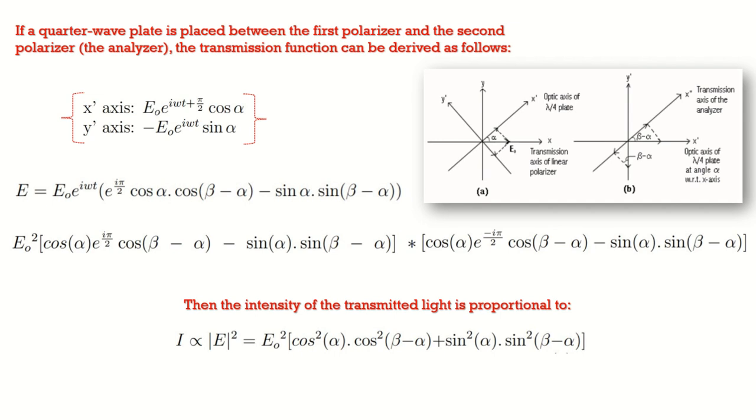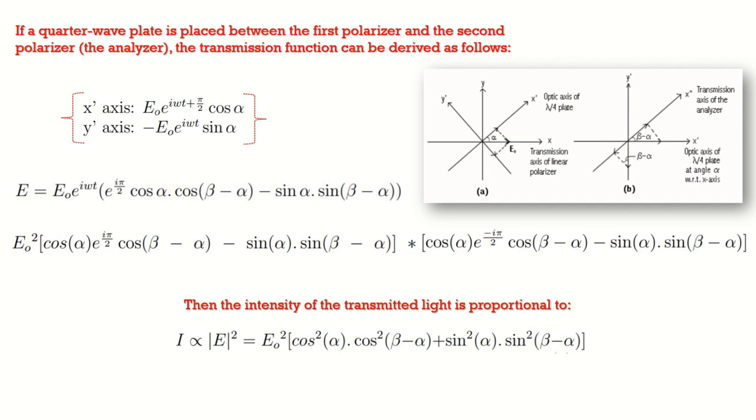You can see in figure B that the components along the x-prime and the y-prime axis are projected onto the x double prime axis, which represents the transmission axis of the second polarizer. The x double prime axis makes an angle beta with the x-axis, or an angle beta minus alpha with the x-prime axis.